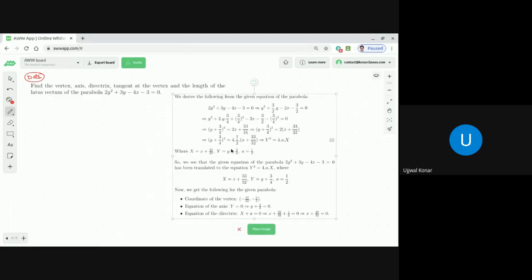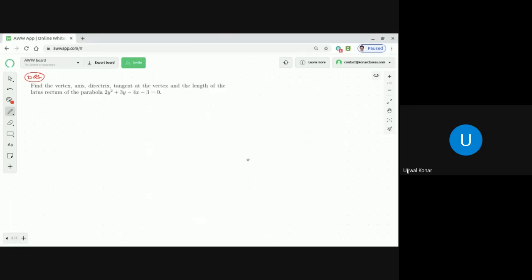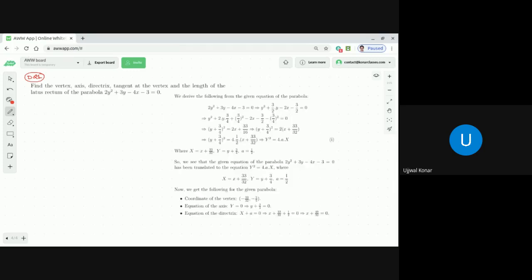This is the solution workout, so that you can have a look at it, followed by a discussion. I hope all of you are able to get it. I made it a very detailed solution. I hope all of you got it.